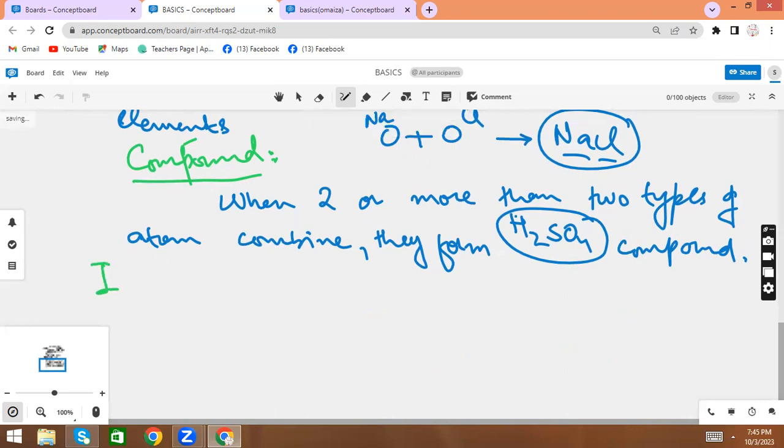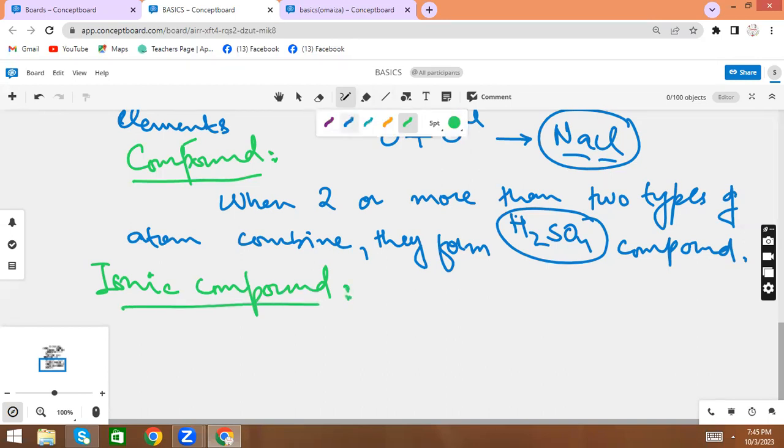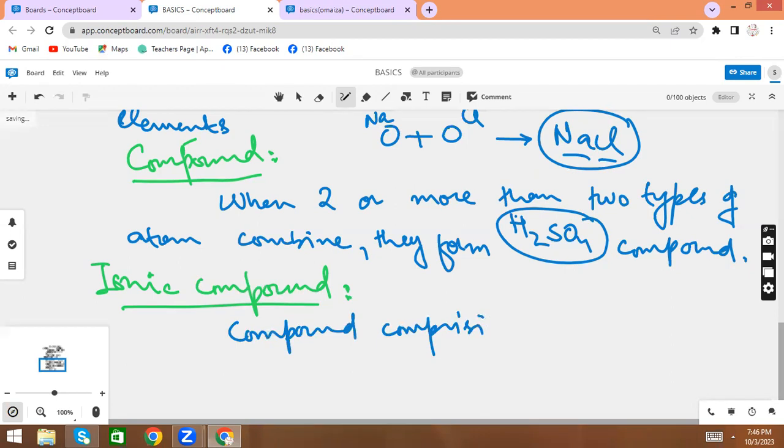Then we have the ionic compound. The ionic compound is the compound that has ions in it. Okay, so you can say it is a compound comprising of ions.